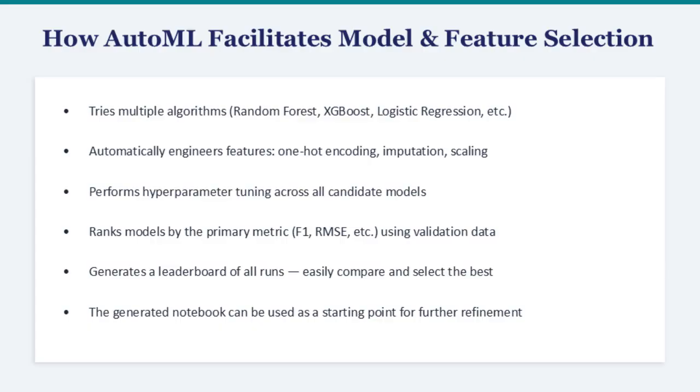And the generated notebook for the best model becomes your starting point for further refinement. You can tweak the feature engineering, adjust the model, or add custom pre-processing. On the exam, when they ask how AutoML facilitates selection, the answer is it automates algorithm comparison, feature engineering, and hyperparameter tuning, then presents a ranked leaderboard.